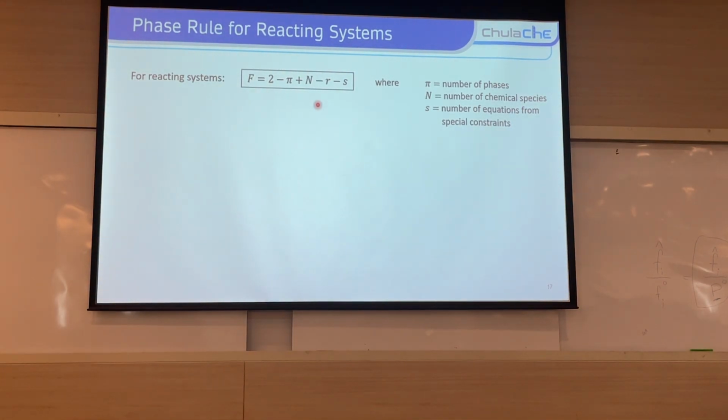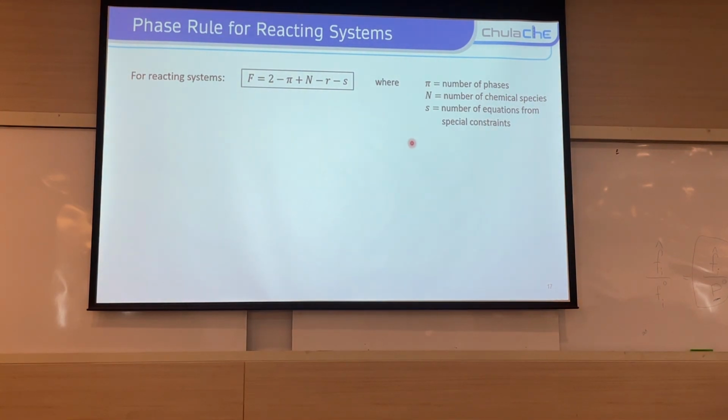But in the case that you have a chemical reaction in the system as well, you have two more parameters to calculate the degrees of freedom. In this case, you have to subtract the number of chemical reactions in the system, and also another constraint. Here S is the number of equations from the special constraint. So S comes from special constraint.